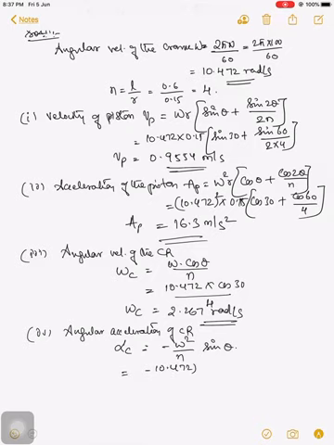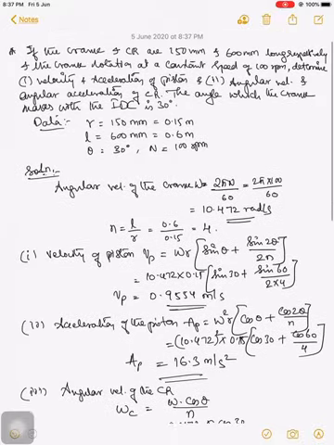Minus 10.472 square divided by 4 into sin 30. Therefore alpha c is equal to minus 13.708 radians per second square.